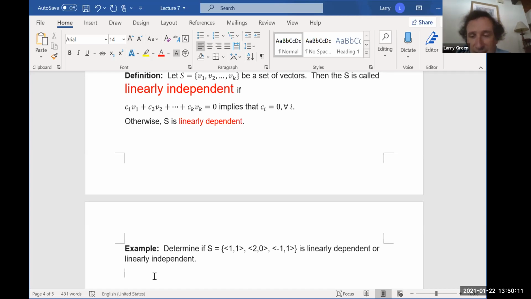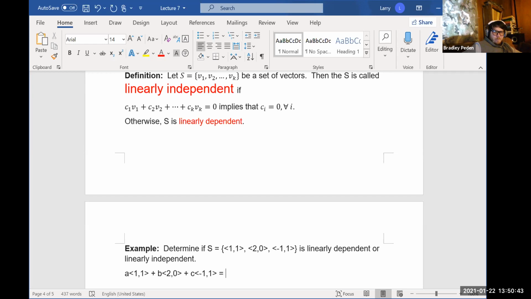We're going to say A times (1, 1) plus B times (2, 0) plus C times (-1, 1) is equal to 0.